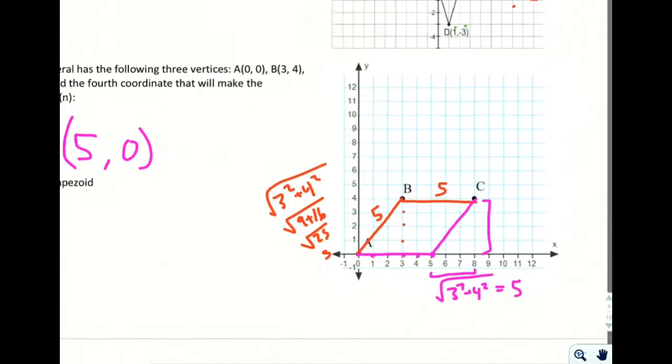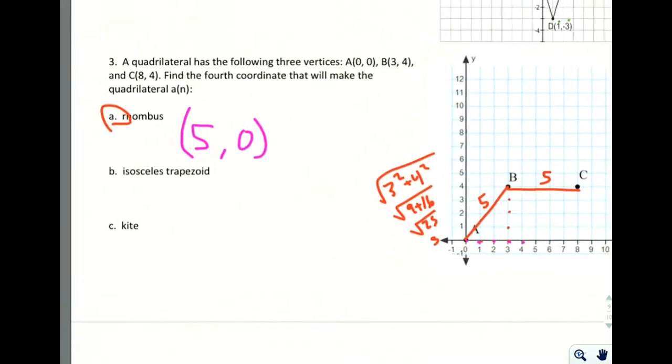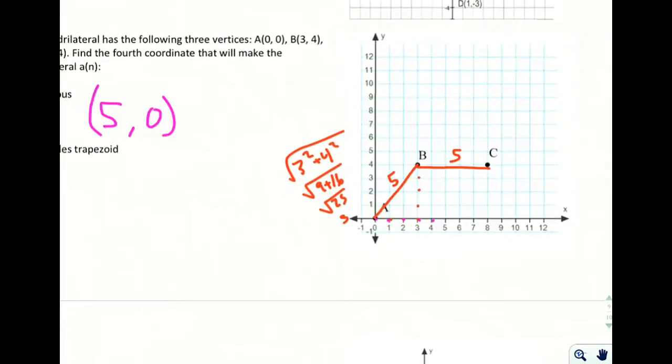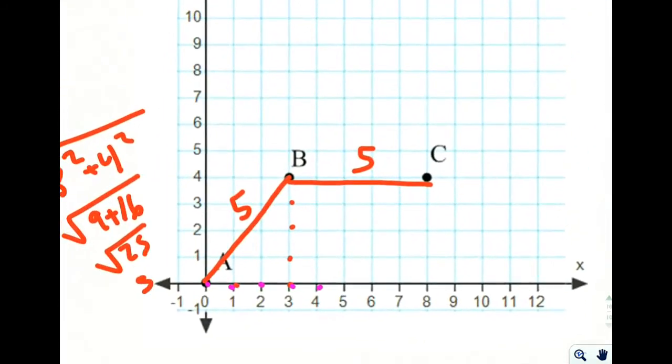Next one says isosceles trapezoid. So let's clear that out. To be an isosceles trapezoid, we need one pair of parallel sides and then 2 sides the same length that are not parallel. So let's go ahead and draw our other side going the other direction. 1, 2, 3 over, 1, 2, 3, 4 down.